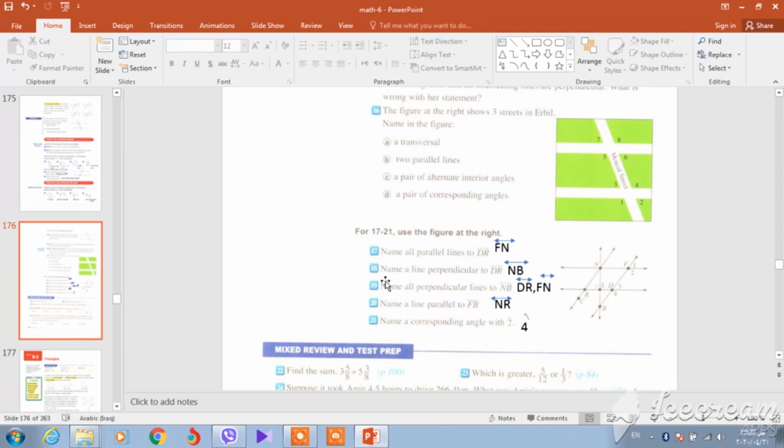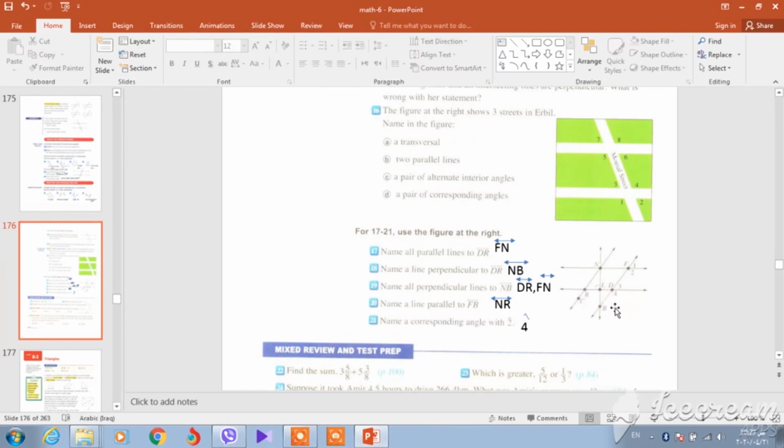Okay, now question 18. Name a line perpendicular to DR. This line is line DR. Which one is perpendicular? Look, line NR just intersects. Line FB or FD just intersects at one point, and intersecting is not perpendicular.